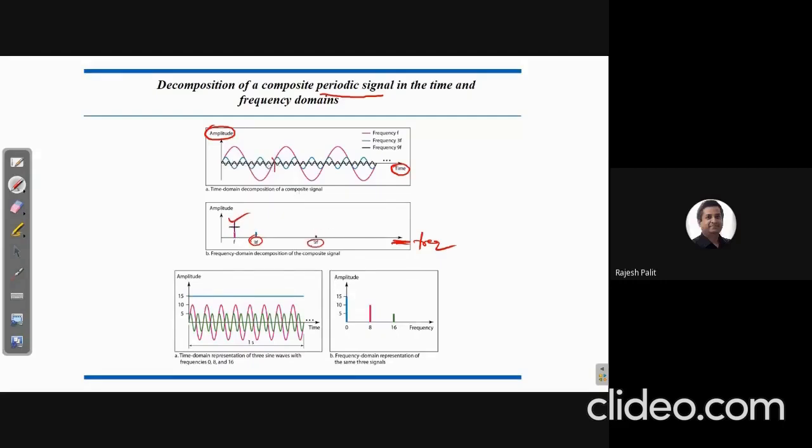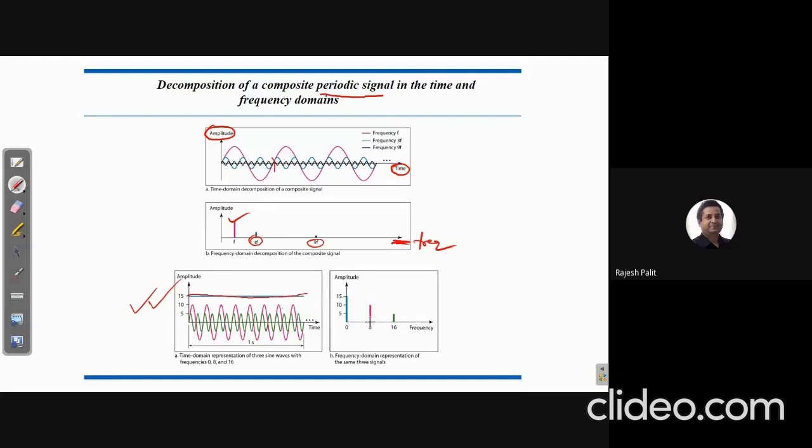So we express the highest amplitude. This is the frequency domain representation. And the same thing for this one: this is the DC component. That means no change, it is constant over time, so the frequency is zero because there is no repetition, constant voltage.